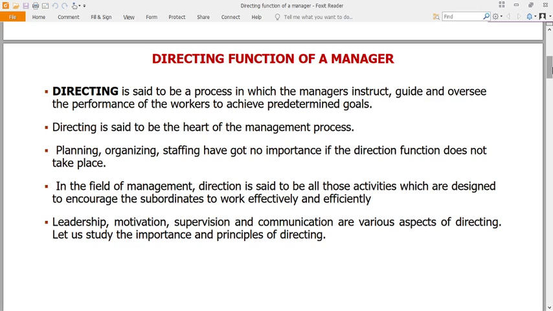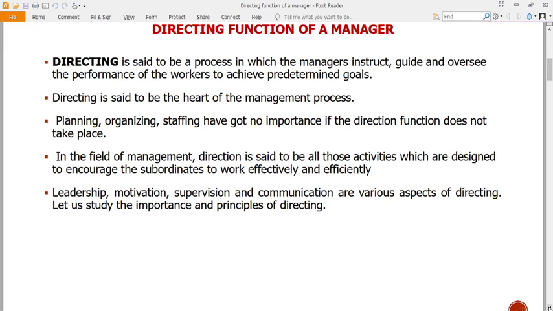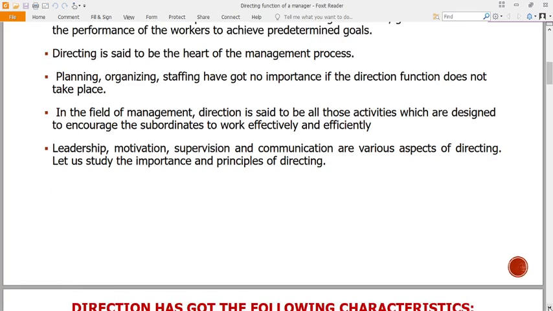Directing is said to be the heart of management, because without it, planning, organizing, and staffing would be of no use if the employees are not properly directed on their roles and responsibilities. Therefore, direction is all those activities that are designed to encourage subordinates to work effectively and efficiently.